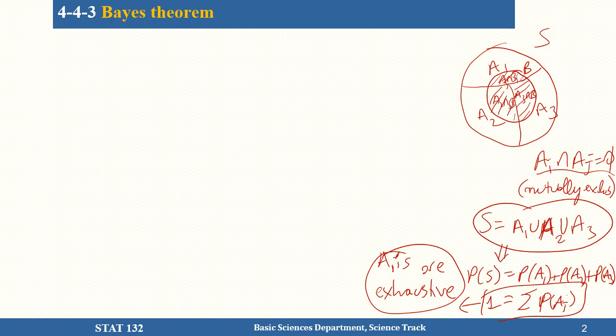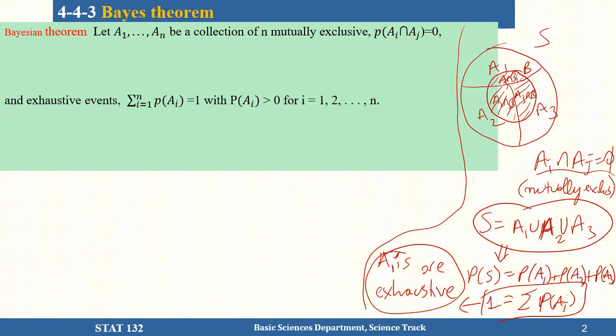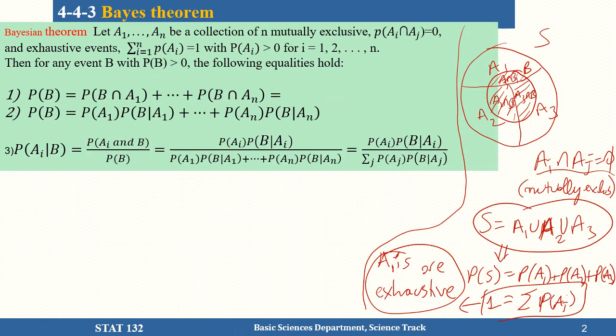Now let's keep them in your mind and try to see what happens in the Bayesian theorem. We have a collection of n mutually exclusive and exhaustive events. So here it is for n equal to 3. This is the case, you understand. Now, for any event B, the following equalities hold.